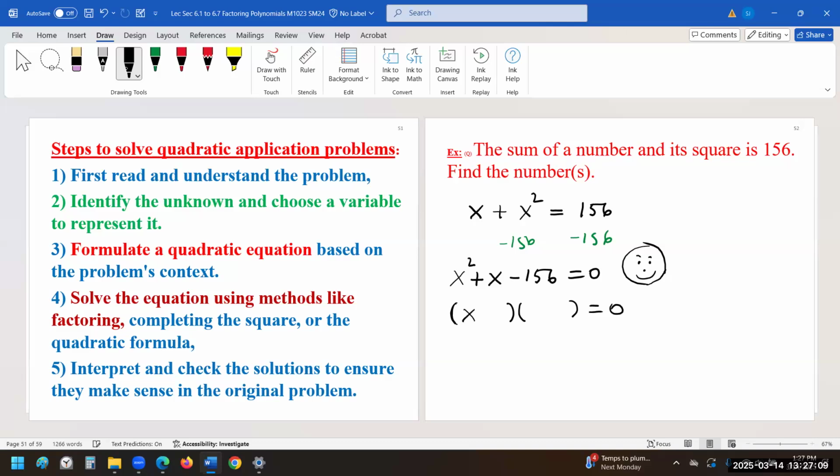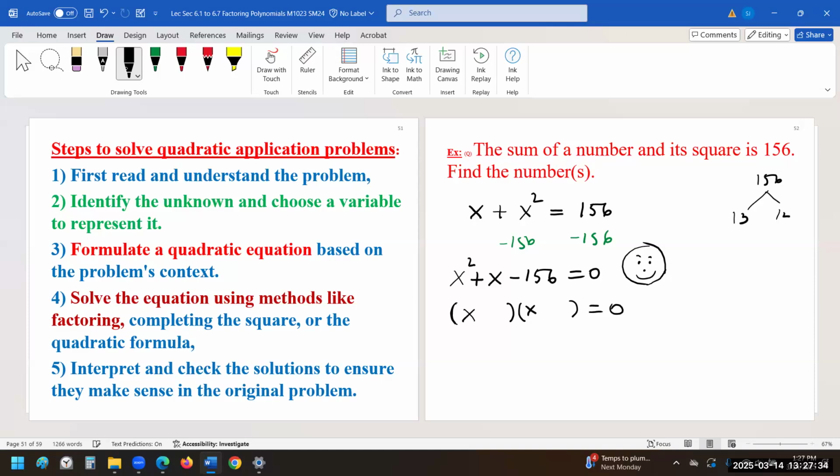So how can you make your life easier? Two numbers multiply to what? 156. And add up to 1. Can you think of the two numbers? Leander, did you already get the two numbers? 13 and 12. Good.